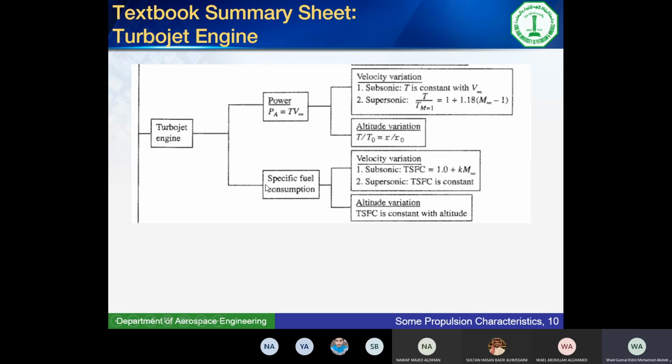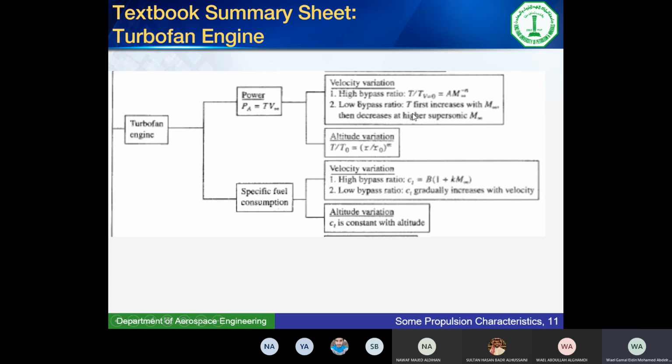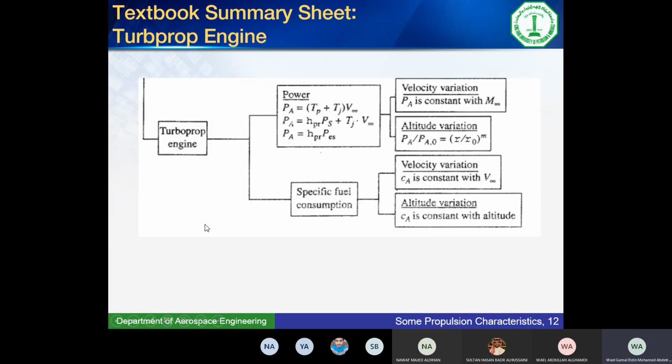The same goes for the turbofan, which is very close to that of the turbojets in terms of power, but maybe not for the specific fuel consumption, and also for the turboprop. So you can be sure that at least the equations are going to be there in any quiz or so that you can use them.